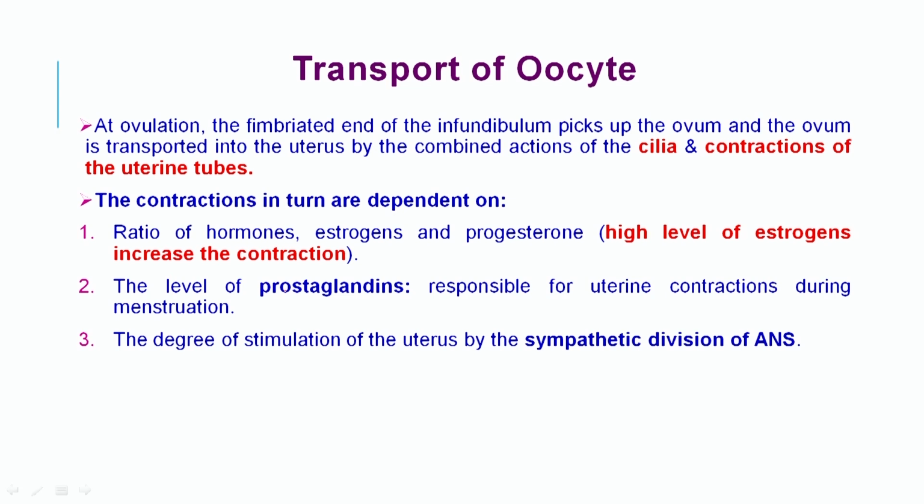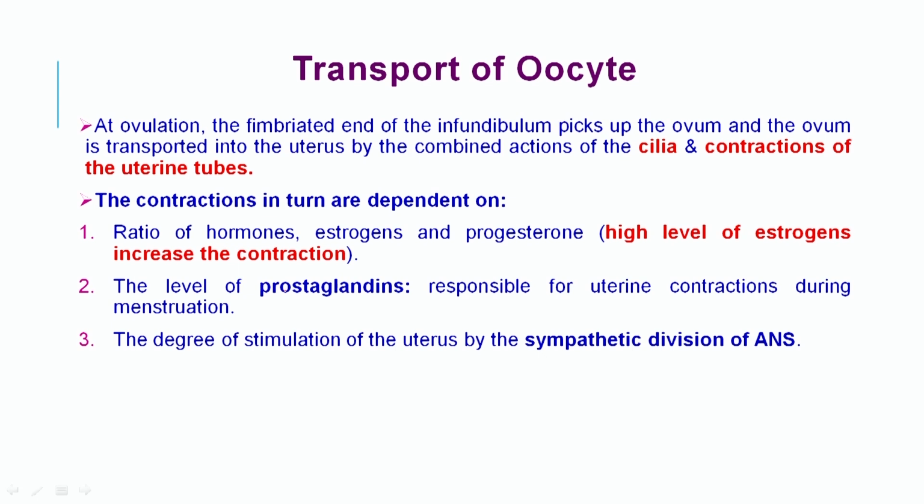Transport of oocytes starts once ovulation takes place in the ovary. At ovulation, the fimbriated end of the infundibulum picks up the ovum, and the ovum is transported into the uterus by combined action of the cilia and contraction of the uterine tubes.